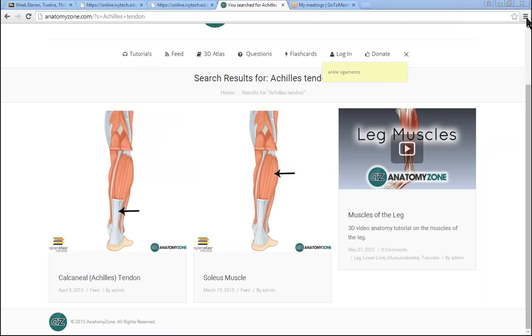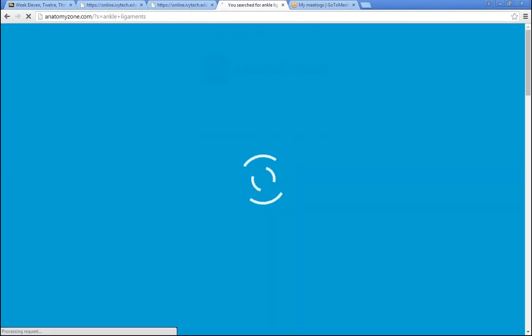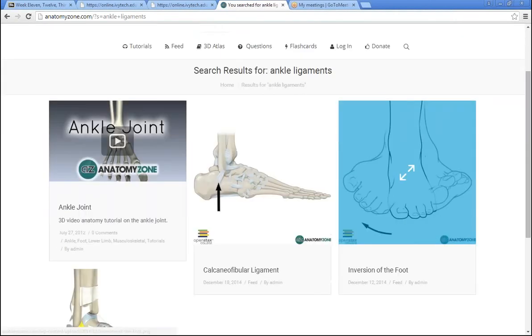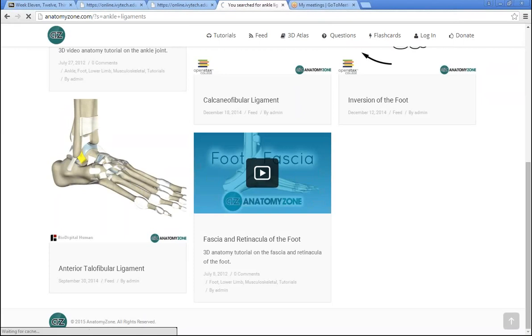Let's go to the ankle ligaments, and we'll talk about the fascia of the foot, the plantar fasciitis, which is right there, foot fascia.